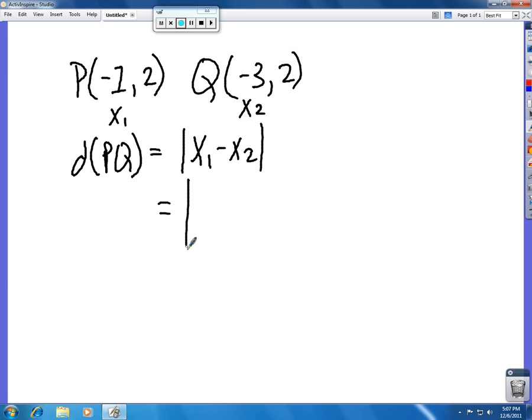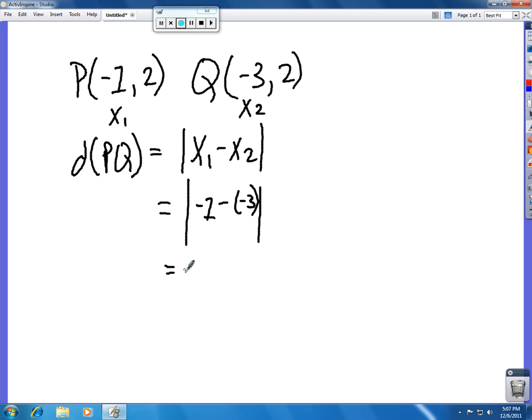And like you've already seen, x1 minus x2 is the same thing as x2 minus x1 as long as you have your absolute values in there. So it doesn't matter which x value from P or Q you assign to be x1 or x2. It'll still be the same outcome. So x1, let's say in this case, is negative 1 minus x2, which is negative 3.